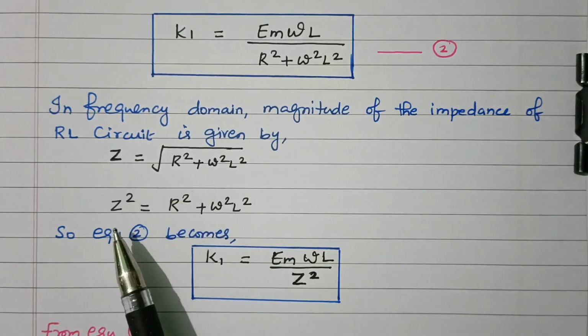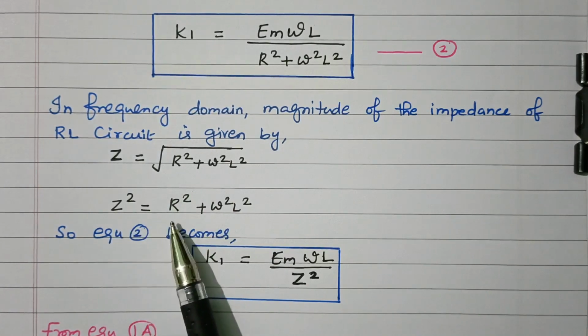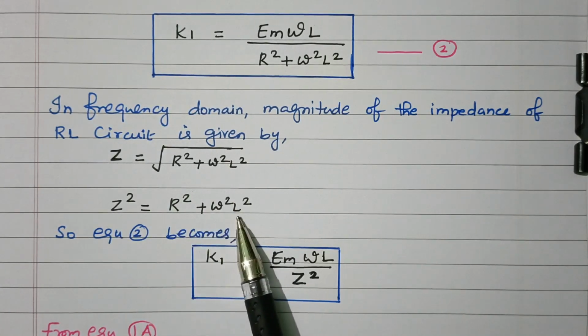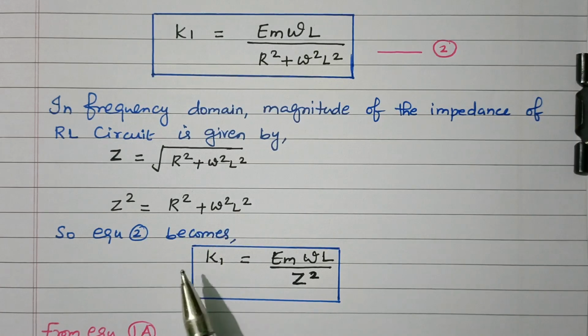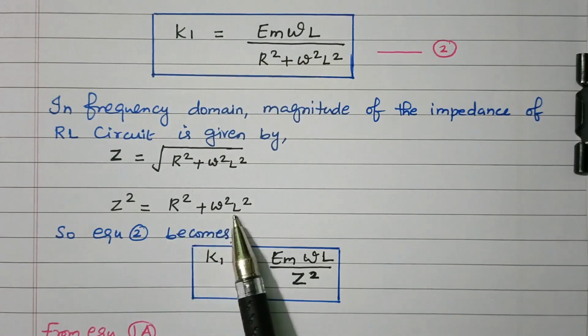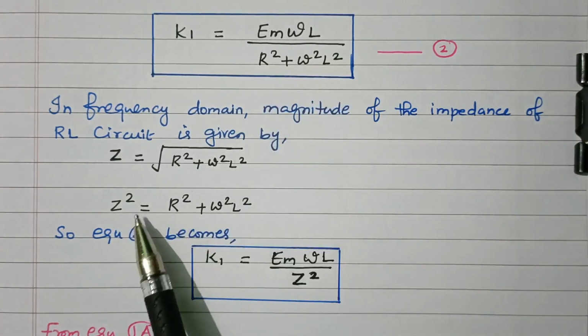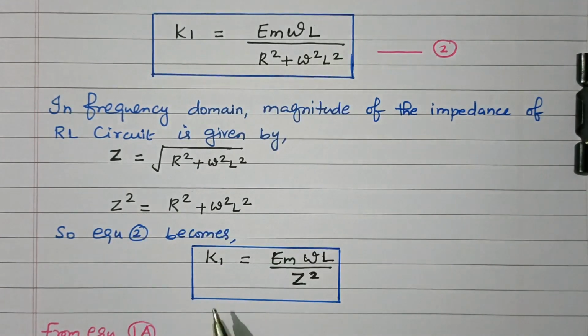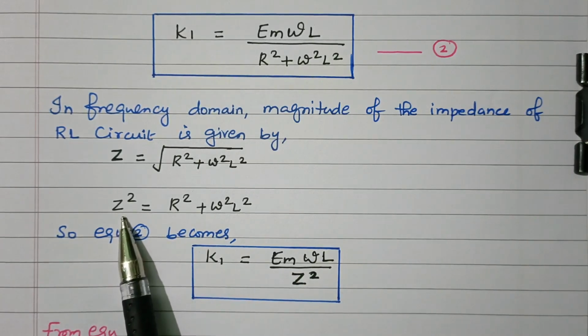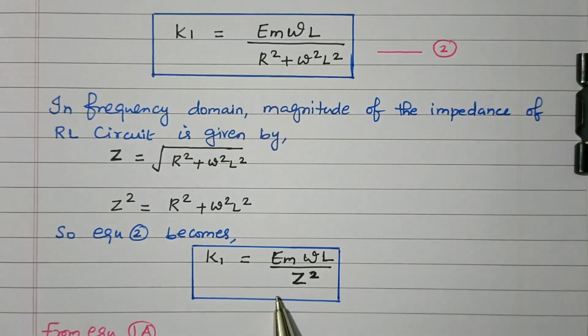Squaring on both sides, Z square equals R square plus omega square L square. So this R square plus omega square L square available here can be replaced by Z square, so that K1 becomes Em omega L divided by Z square. After substituting the impedance value, now we got this expression.